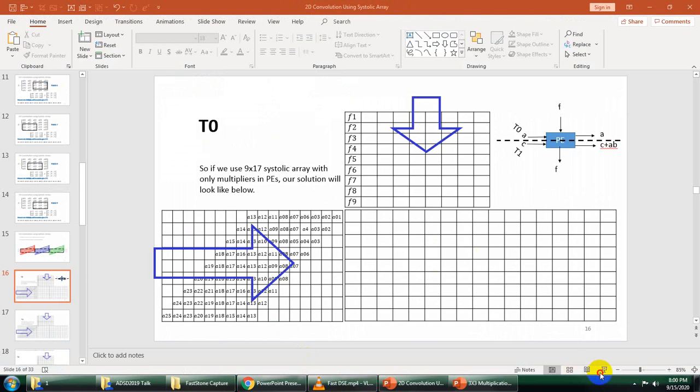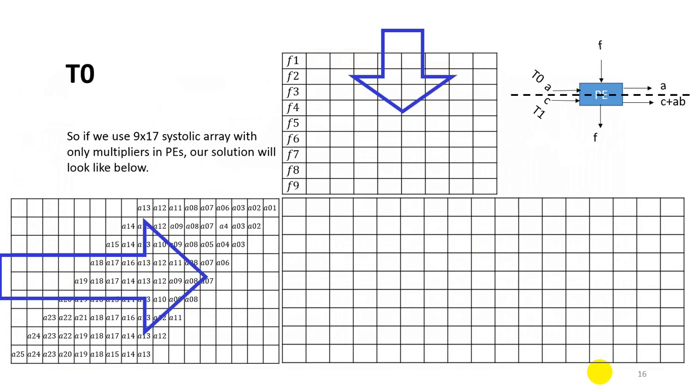Here is a sample of a processing element in which we have a filter value that is coming from above in one clock cycle, which is known as T0 or T of n-1, and this processing element just has a register, and it is just forwarding the same value to the next processing element which is adjacent to this, and on the next clock cycle, this value will be here.